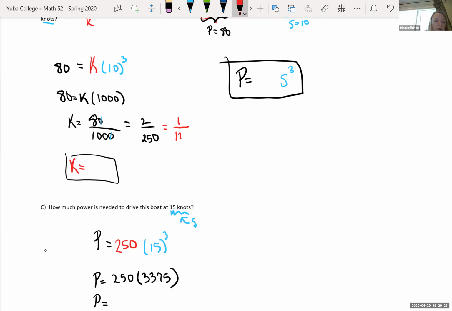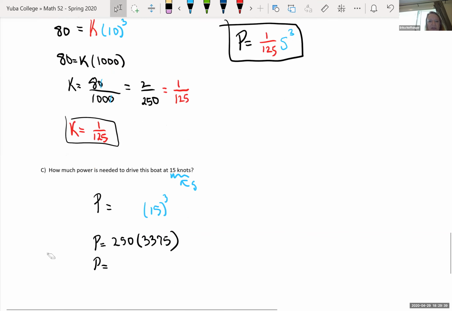This is 1 over 125, or 2 over 250. Okay, so here's a case where understanding what you're doing and the numbers helps you to see if you did something wrong or wrote something wrong.